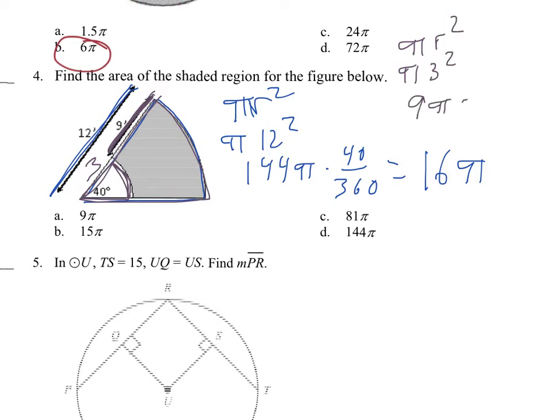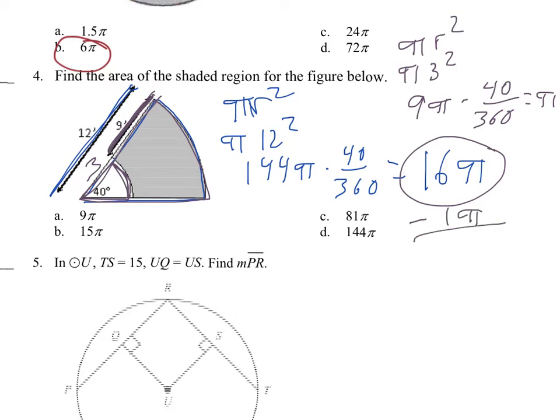Now we're still going to multiply it by the same central angle, which is 40 over 360. When I do that, I end up getting 1 pi, or just pi. So 16 pi is the whole thing. The unshaded area is pi, so we're going to subtract pi. It's going to leave us with 15 pi, which is the area of the shaded section.